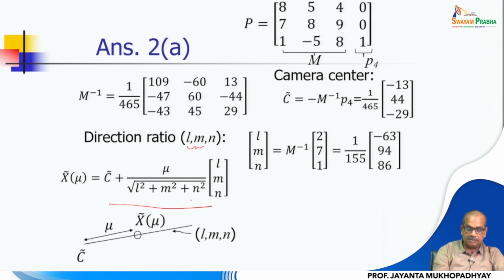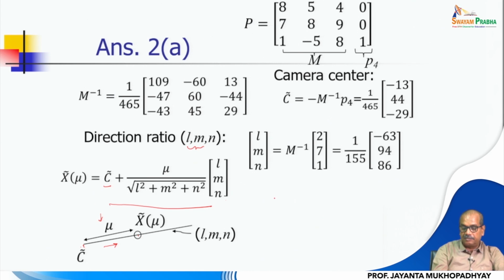So this is the direction ratio. You take the unit vector in this ratio, and mu is the distance. So any point can be expressed as C tilde, this source point or the end point, plus distance into the corresponding unit vector of the direction.